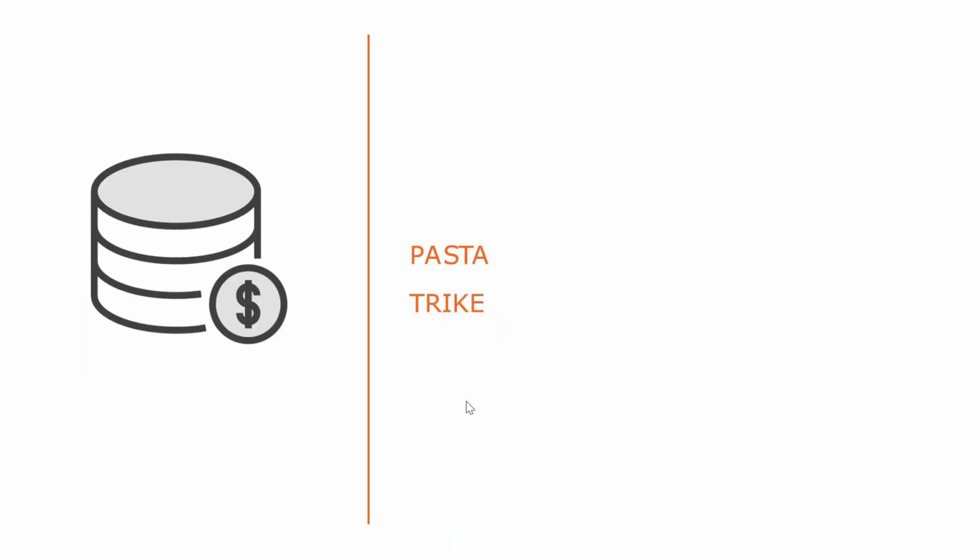What PASTA is and what Trike is, we'll discuss in the upcoming slides. But remember that if you are using the asset-centric approach, the methodologies you will use are PASTA and Trike. Will you remember this statement? Yeah, PASTA and Trike we will discuss in upcoming slides.